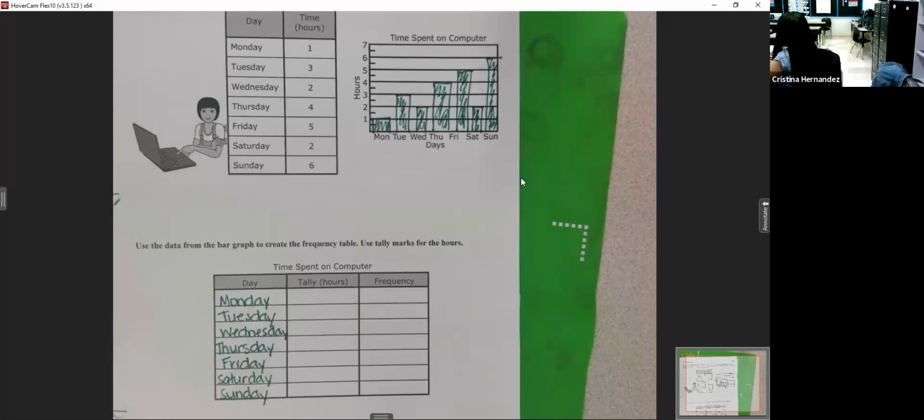Division, we got plenty of division to do today. Plenty of division.